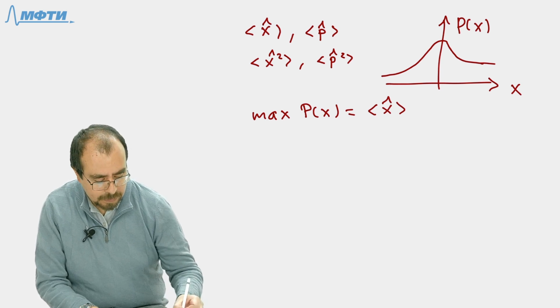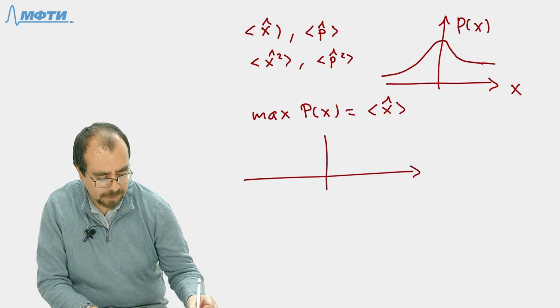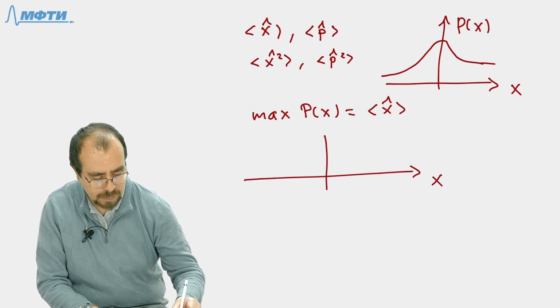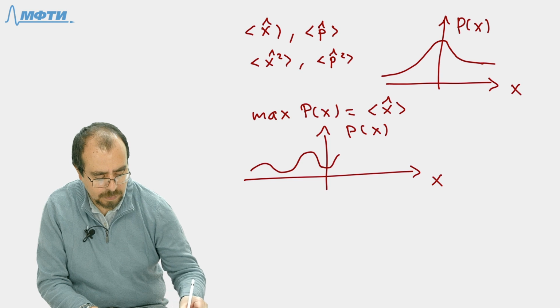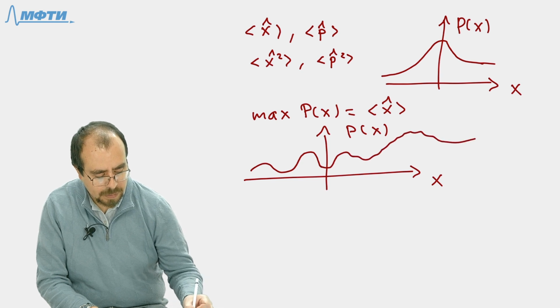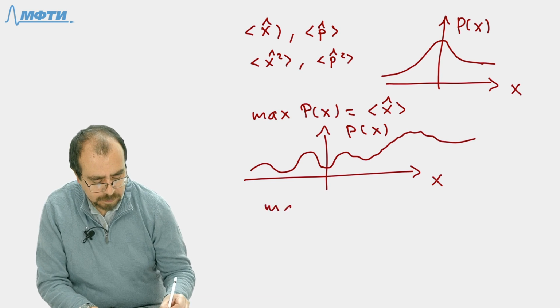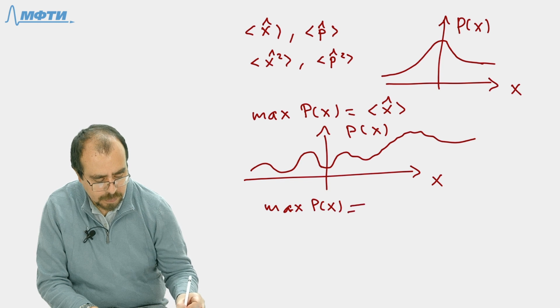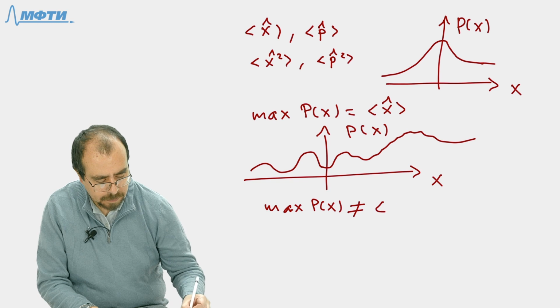But in the case that we have a difficult dependence on x, for example something like this here and something like that there, then the maximum of this probability will be different, not equal to the mean value.